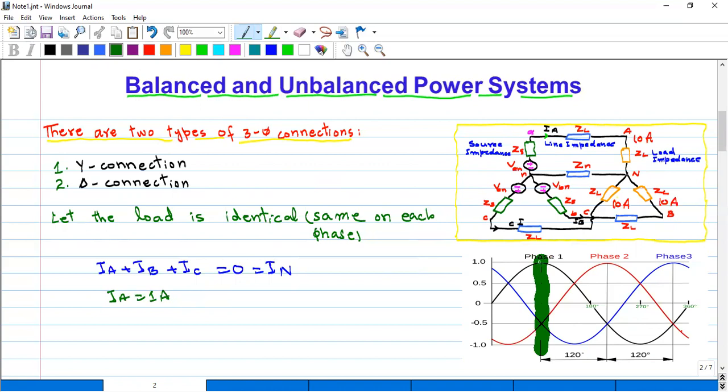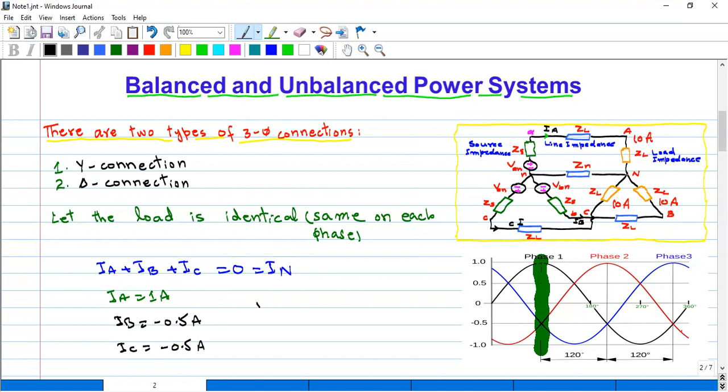The remaining two phase currents are IB equal to minus 0.5 ampere, and IC equal to minus 0.5 ampere as well.